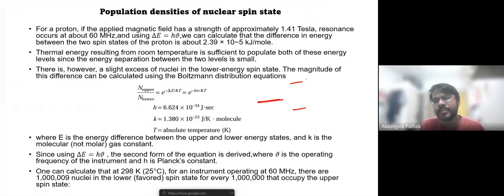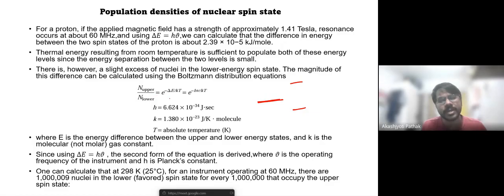These two spin states will have different energies, and the population of nuclei in the higher energy state and the population of nuclei in the lower energy state can be given by this Boltzmann distribution equation, n upper by n lower. n upper is the number of nuclei in the higher energy state, and n lower is the number of nuclei in the lower energy state.